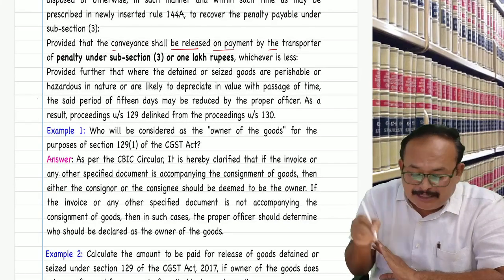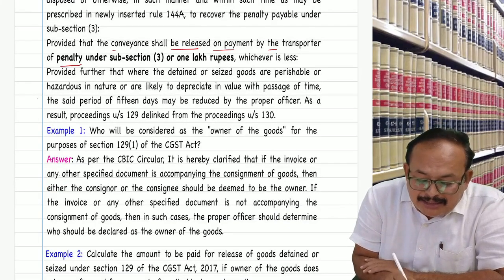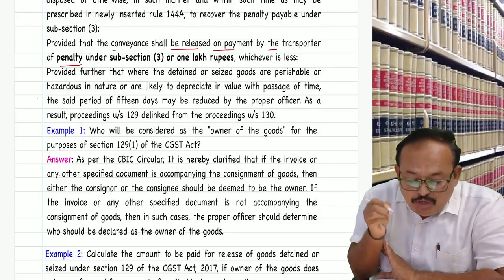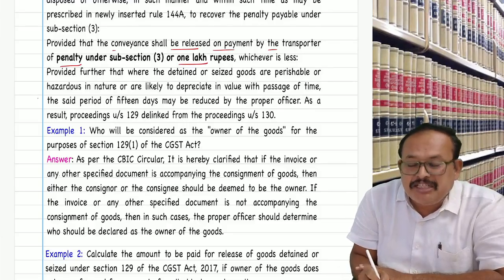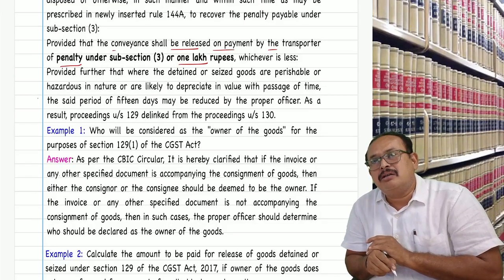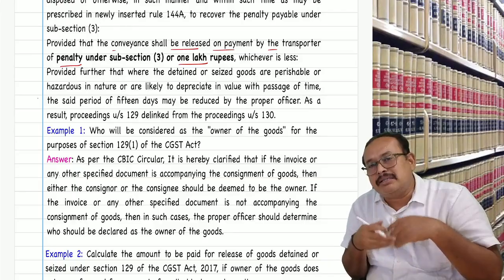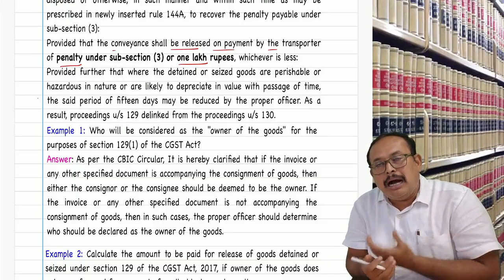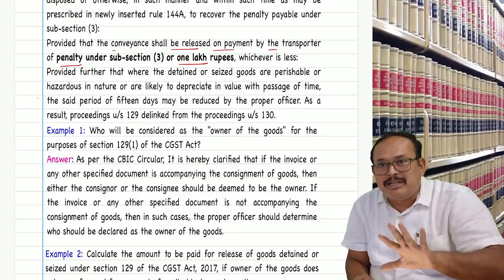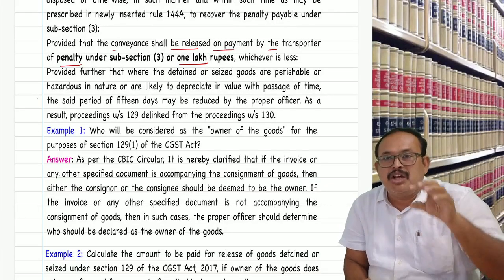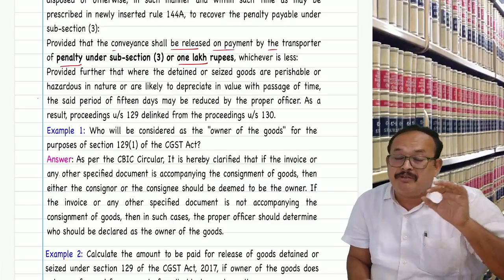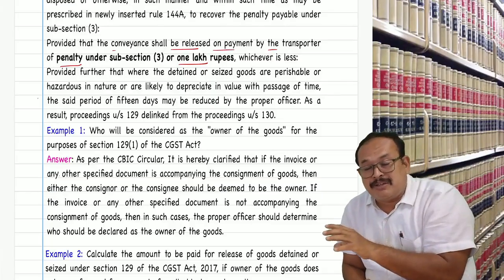Penalty under Section 129(3) or 1 lakh rupees, whichever is less. Meaning what? The penalty leviable under 129(3) means what? Taxable goods: owner comes forward, 200% of the tax. Owner does not come forward, 50% of the value of the goods or 200% of tax, whichever is higher.